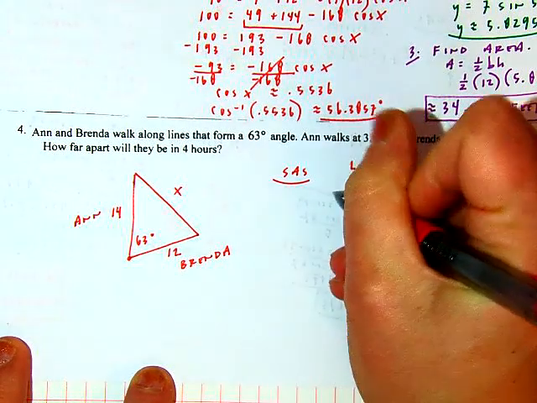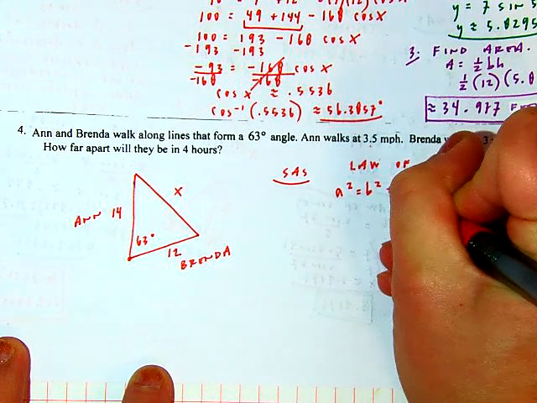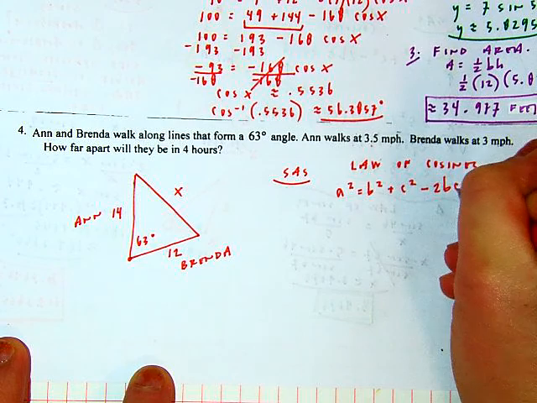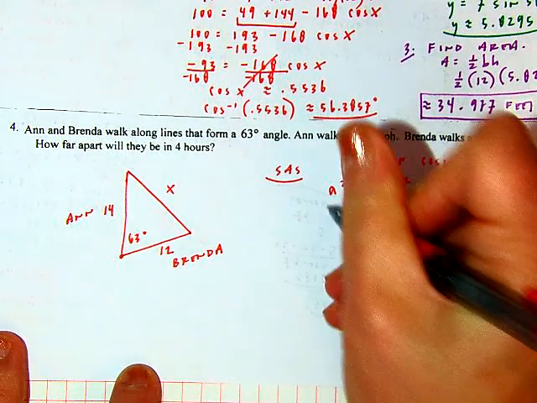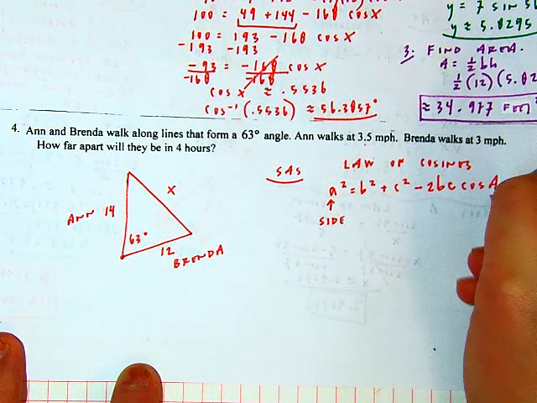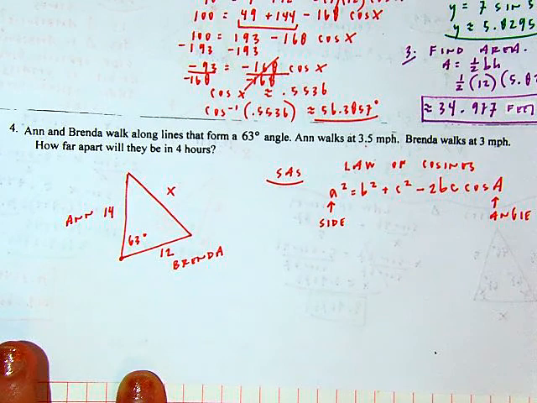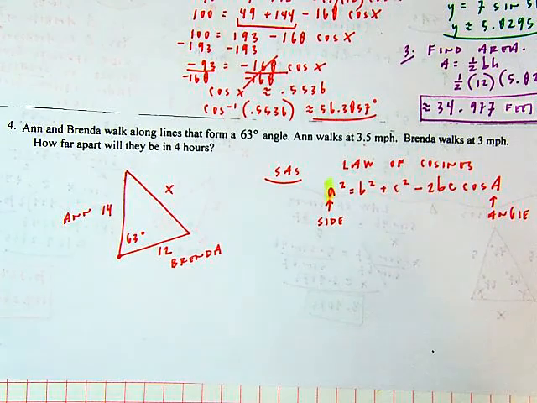All right, so laying it out one more time. A squared equals b squared plus c squared minus 2 times b times c times cosine A. And we know that we are either solving for a side or an angle, one of the two. And in this one, it's the easier of the two variations because we're solving for a side right here.